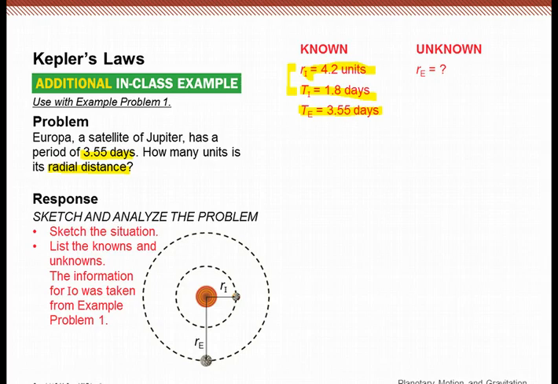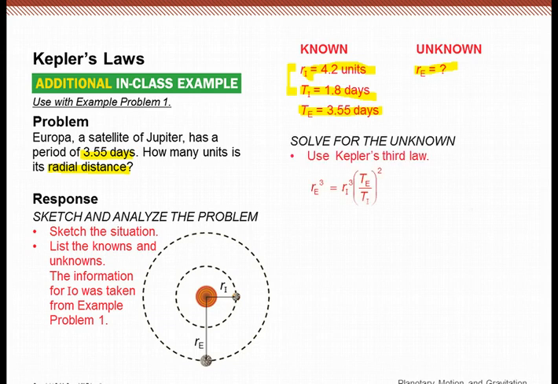Now, what those units are, we don't worry about that right now. But we want to know, what is the radius of Europa given this information? So we have information about one moon, and we know the period of another moon, and we want to know how far away this moon is. So we use Kepler's third law to solve for the unknown.